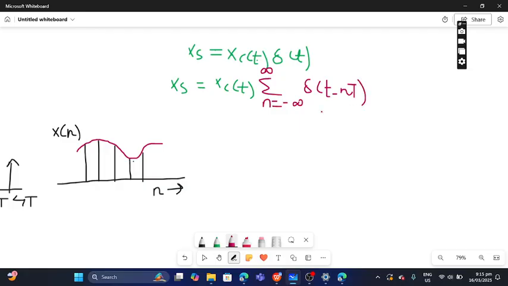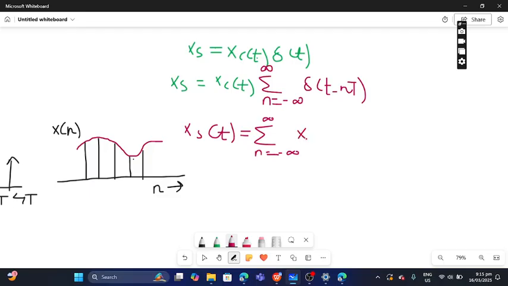Total signal we will get like x_s of t is equal to the summation for n equal to minus infinity to infinity of x_c of nT times delta of t minus nT.